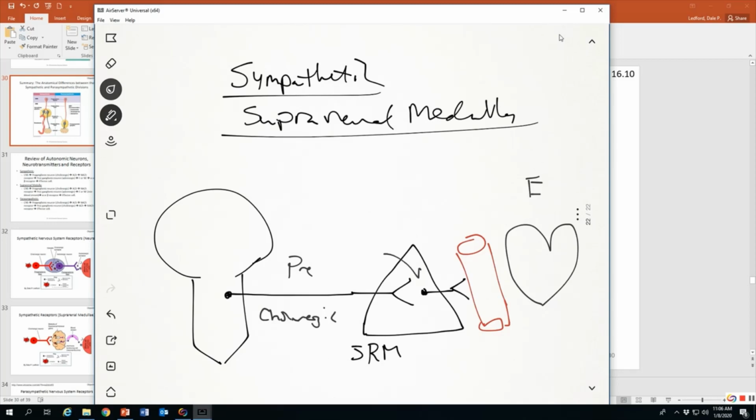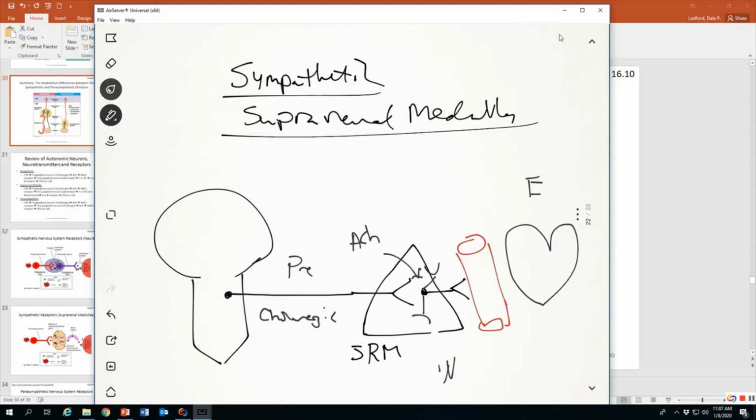Okay, so let's take this one. The preganglionic neuron here is cholinergic. That means ACh is released here, and we need a receptor to bind. These receptors are nicotinic. Why?